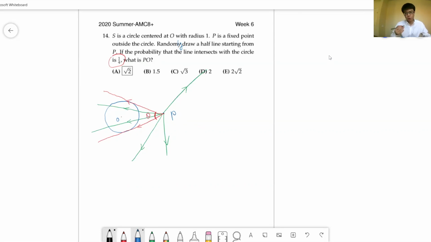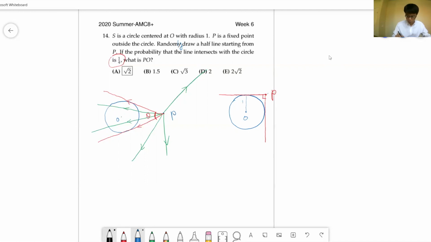So let me draw a correct picture. P may be here. I'm drawing 90 degrees. This is P, and this is O. Now this shows us the position of P. The radius of the circle is 1.